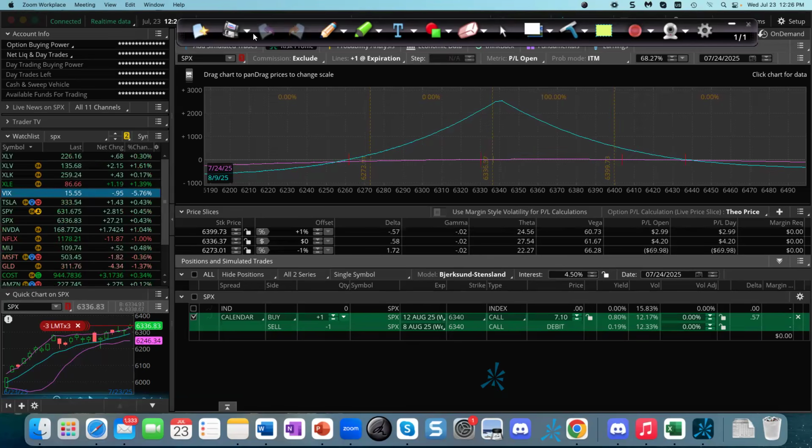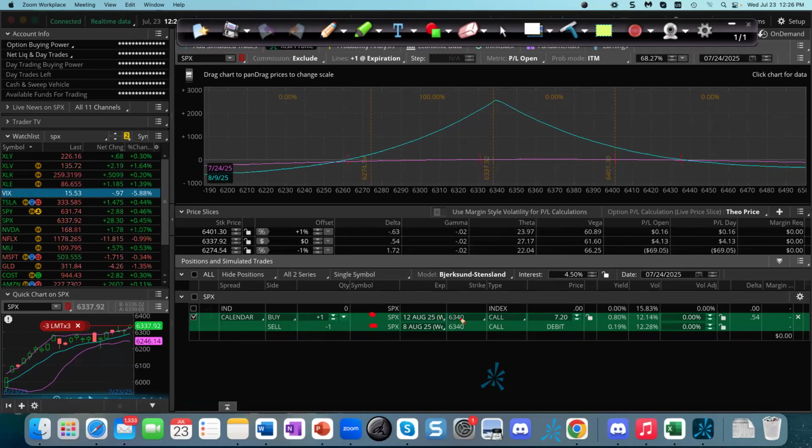A calendar is simply a mixed month trade where we're buying the further out expiration, selling closer in, and the strike of your long and your short would be the same. If it's a more neutral, range bound calendar, you would put your short strike at the money, calls or puts, doesn't matter.